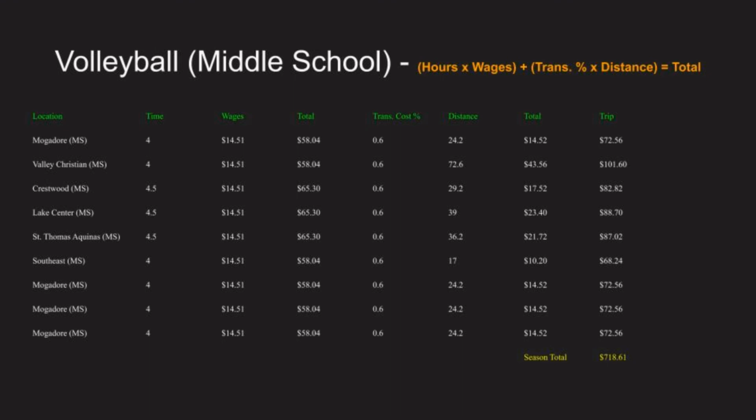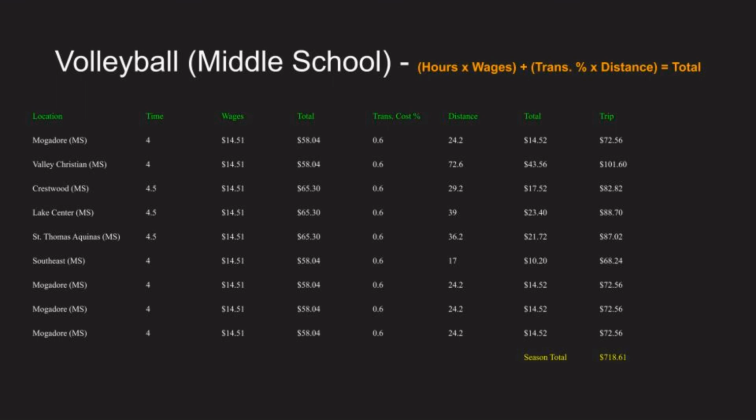Looking at the middle school program, same formula, not as much travel. Again, location there on the left, total time in hours, basic driver wages of $14.51, creating a total cost of a driver. The maintenance costs: transportation cost percentage, 0.6, multiplied by the total distance to and from the athletic competitive event, creating your transportation maintenance total there.